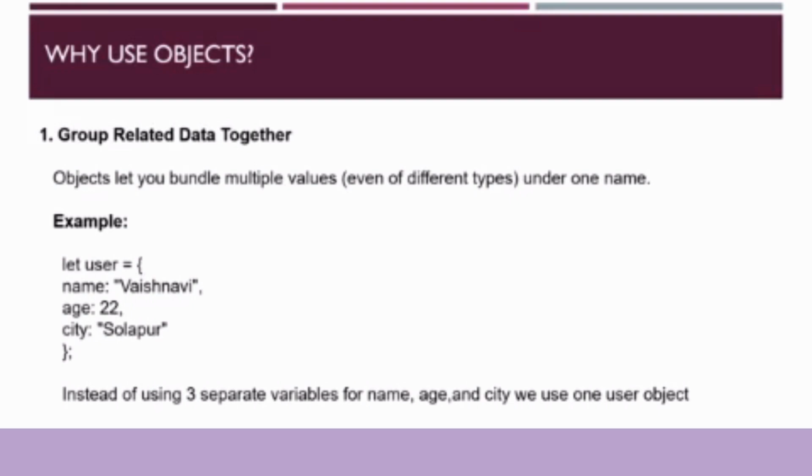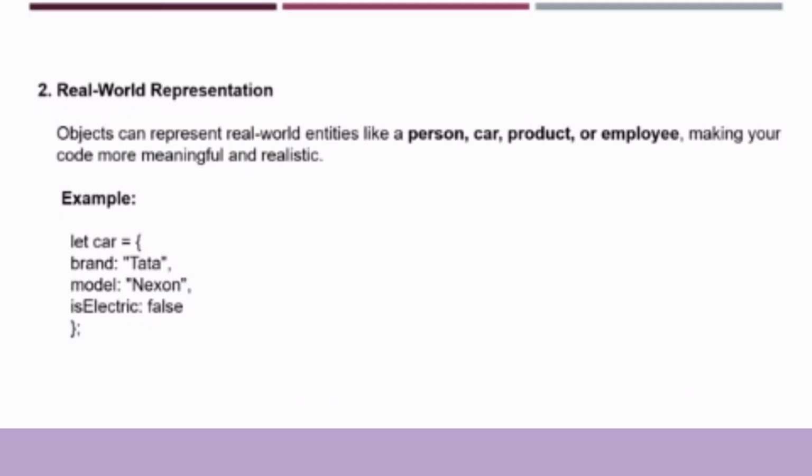This is especially useful when we work on big projects like websites or apps where we'll deal with lots of users, products, or settings. So in simple words, objects help us group related information together in one place, and make our code clean, simple, and easy to work with.